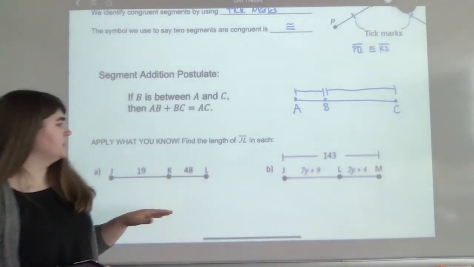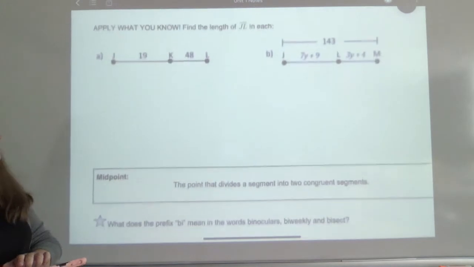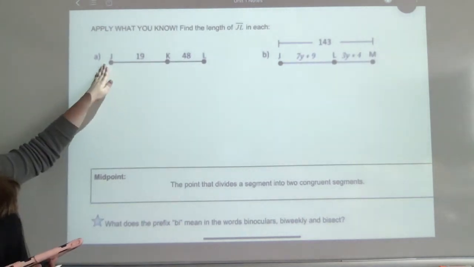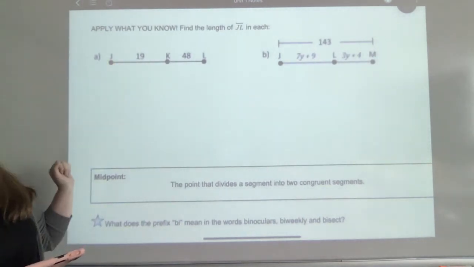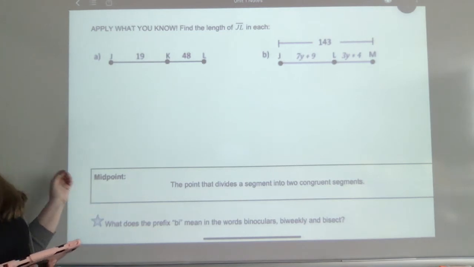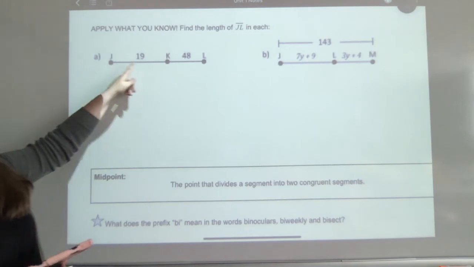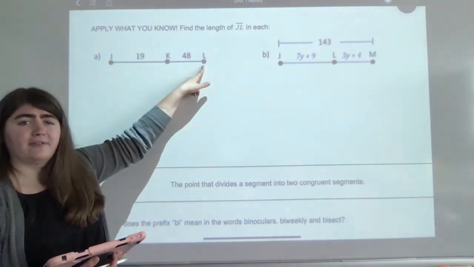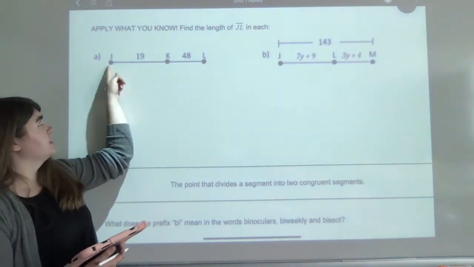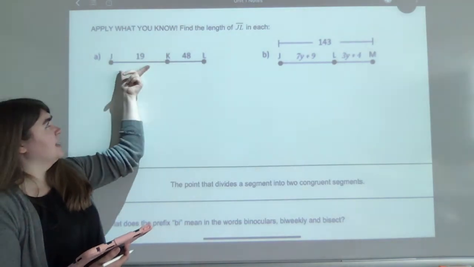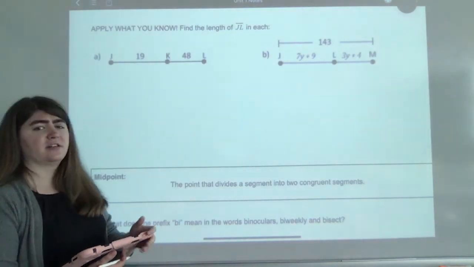Alright, so let's go ahead and look at some examples with this. We have letter A here, and we're trying to find the length of JL in each problem. So I have JKL, so if I'm trying to find the length of segment JL, I need to take my two smaller chunks and add them together.